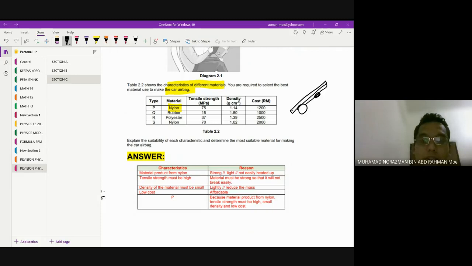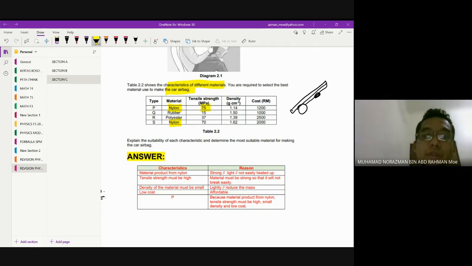Okay, tensile strength. So obviously we need to make sure it is high. Okay, so nylon, either this one. So strength, we choose higher. Density. Density is mass per volume.